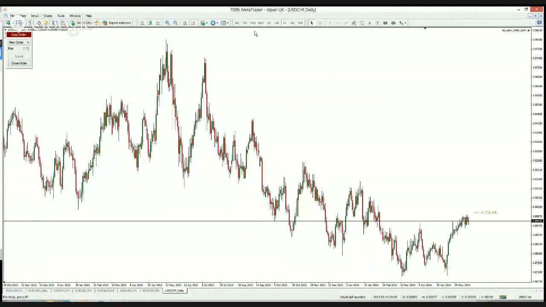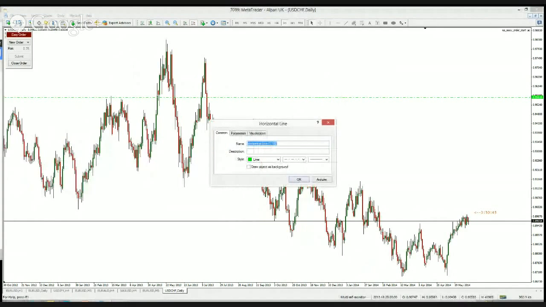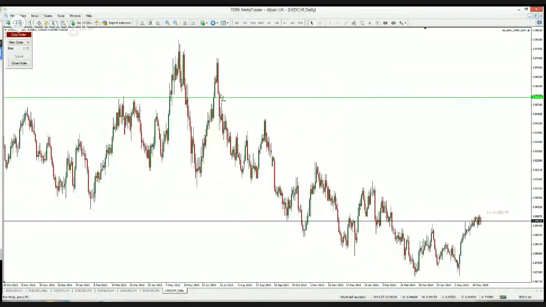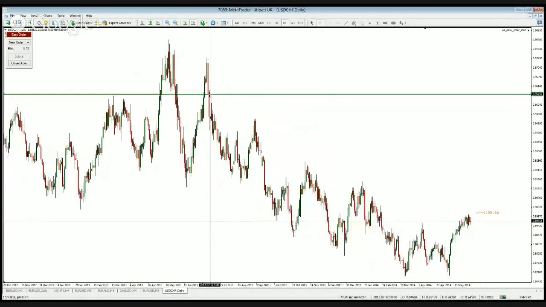Okay, so let's say that we have a trade here. We've entered a trade. I'm going to put a normal line because that's too confusing. Let's say that we've entered the market here on a sell order, and we are looking at this price going down.